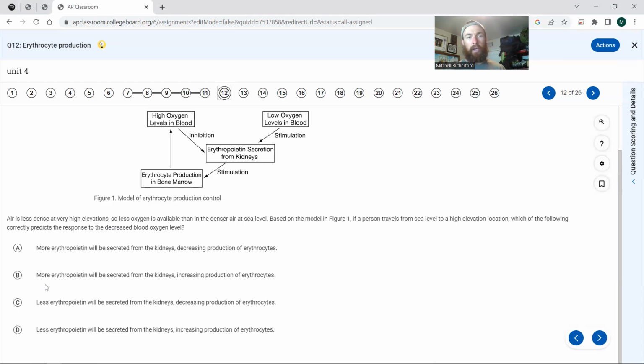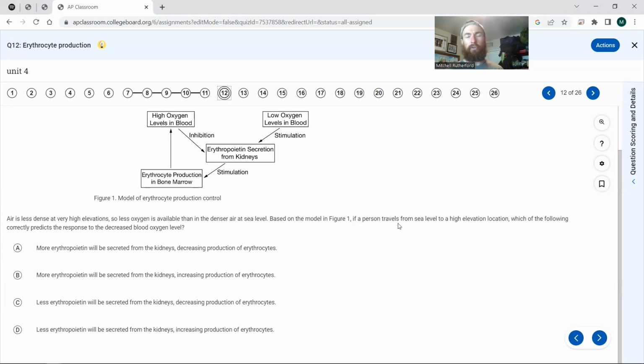So I'm like, okay, erythropoietin, more of it will be secreted by the kidneys, and that increases production of erythrocytes if the oxygen is low. So B seems correct to me. If I'm going fast, boom, that's exactly what this says. I know I didn't look too much at this, so if I have time, I'm going to double check it. Air is less dense at very high elevations, less oxygen, right?